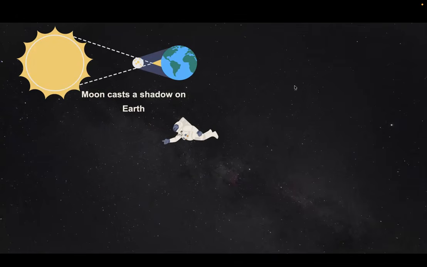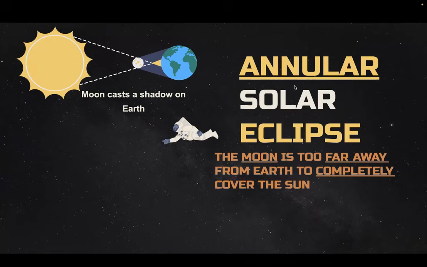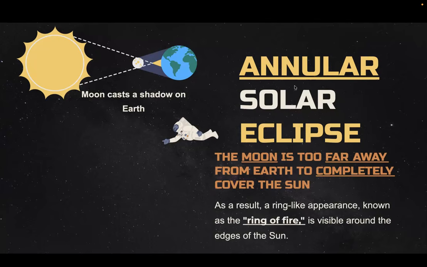The next type of solar eclipse is called an annular solar eclipse. This is when the moon is casting the shadow on the Earth, but the moon is too far away from Earth to completely cover the sun. So as a result, we get this ring-like appearance, which we call the ring of fire, which is visible around the edges of the sun.